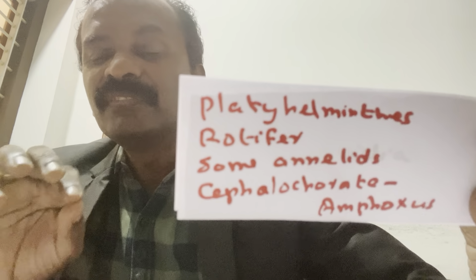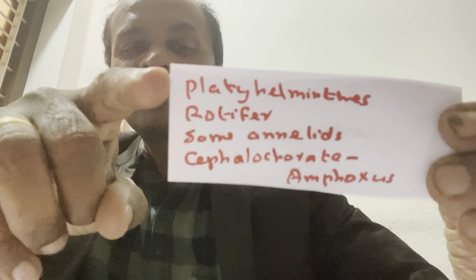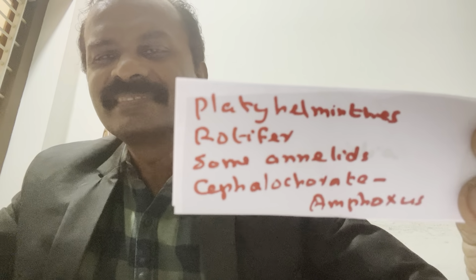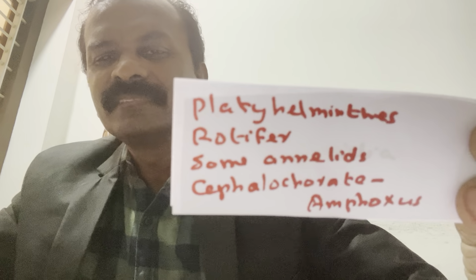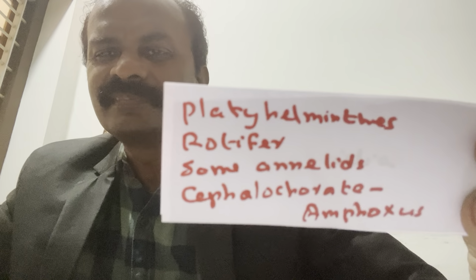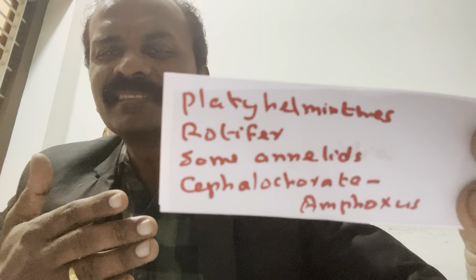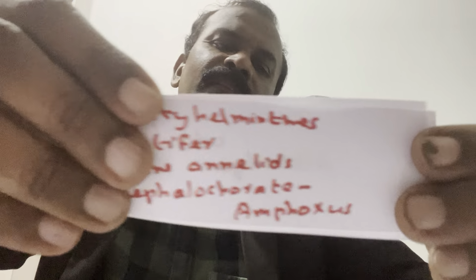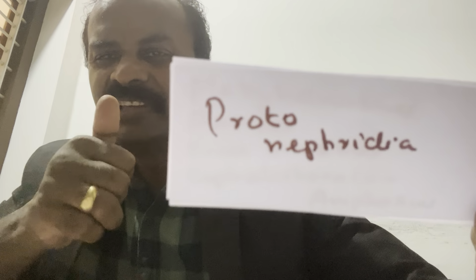They will ask, which is the excretory organ for platyhelminthes? They will ask, which is the excretory organ for Amphioxus? So how to remember this? Only a 7 days continuous recall technique. So the question is protonephridia. I made it very, very clear for you.